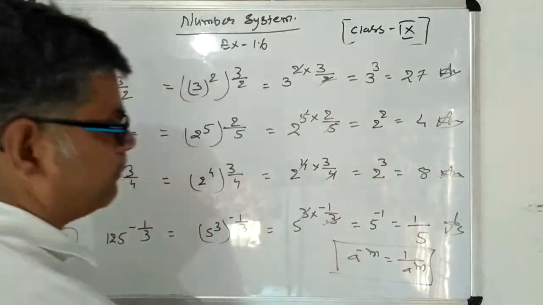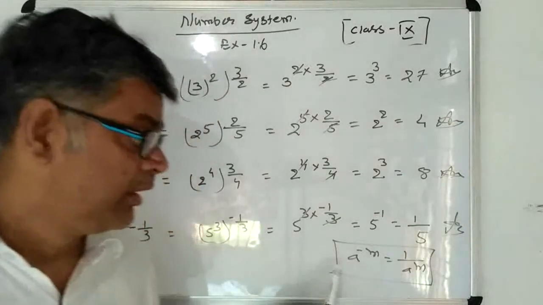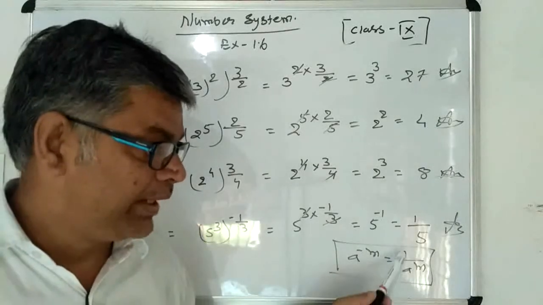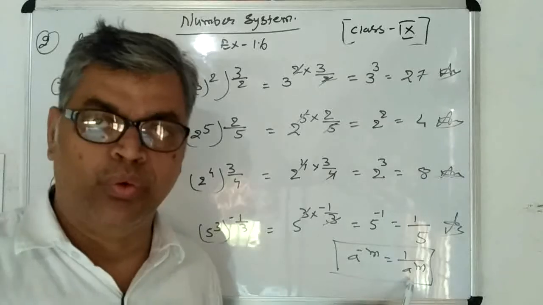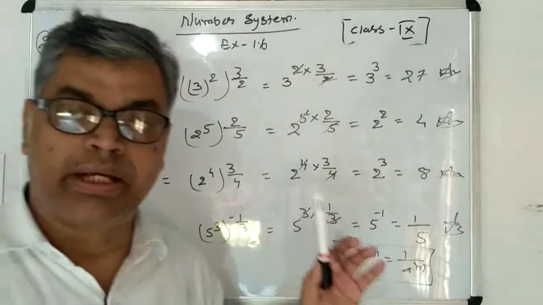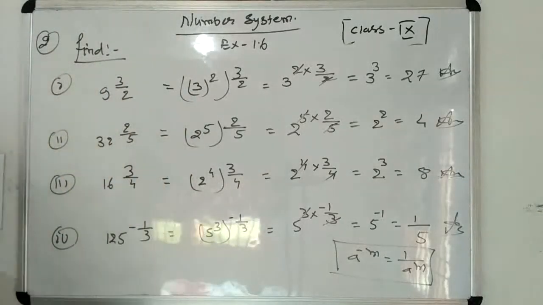So with the help of this property, we solve this. Any number in negative exponent can be made positive by this rule. So by applying this rule, we solve this type of question. So I hope that all of you are understanding.